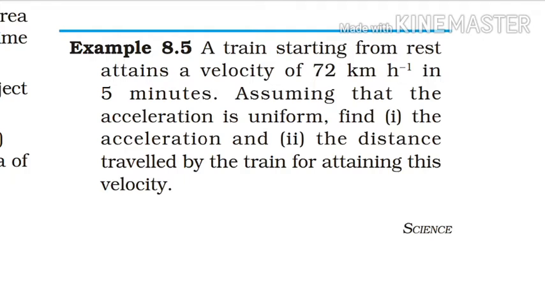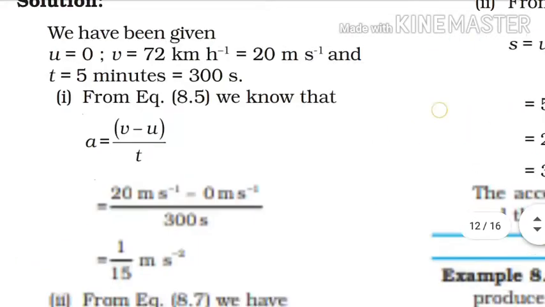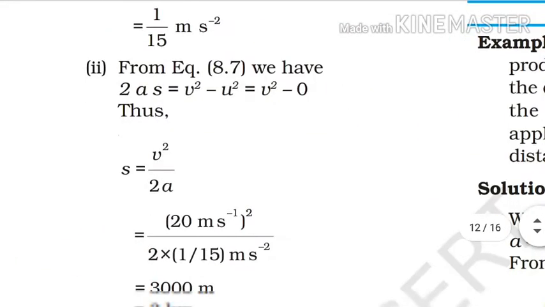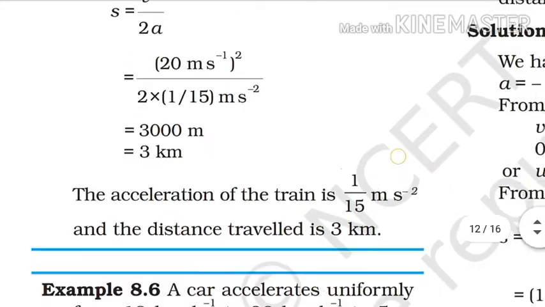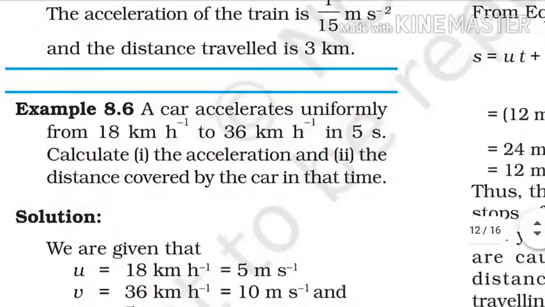So we easily get how much distance was traveled by the object. This will be 3000 meter, that is 3 kilometer. Okay, this is example 8.5.